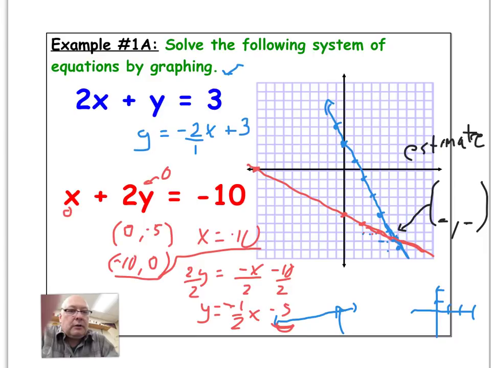I don't know what this is. Let's see. 1, 2, 3, 4, 5. It looks like it's between 5 and 6, right? I really have no idea. I'm going to go 5.5.